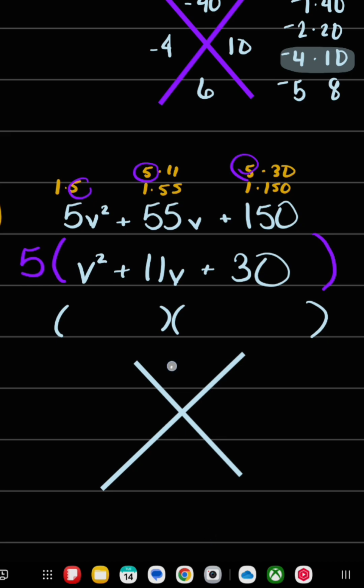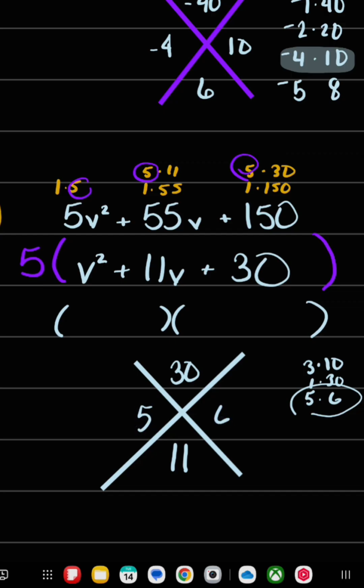All right, 30. And then at the bottom here, what's B? 11. Everything positive, so your factors will be positive. So what factors give you 30 and also give you 11? We know 3 and 10, 1 and 30, 5 and 6. Which one of those combine to give you 11? 5 and 6. So 5 here, 6 here.